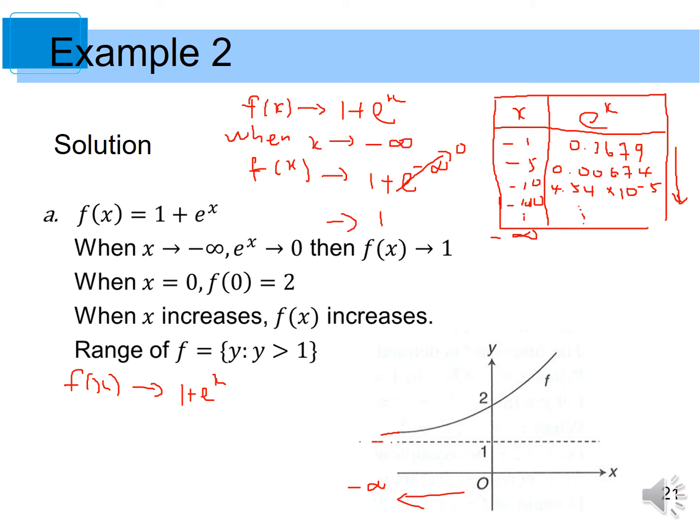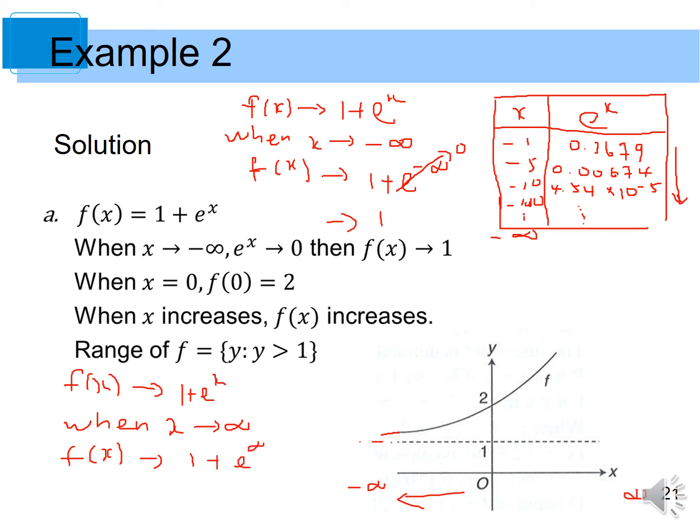And now we try to study when the curve tends to right side. When x tend to positive infinity. This side is positive infinity. So f(x) tend to 1 plus exponent infinity.